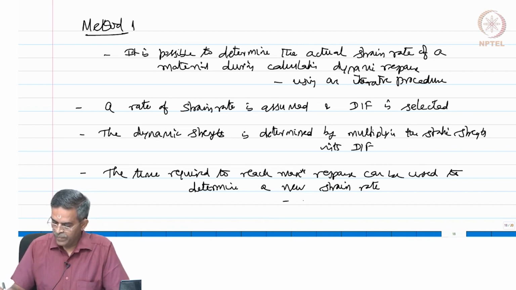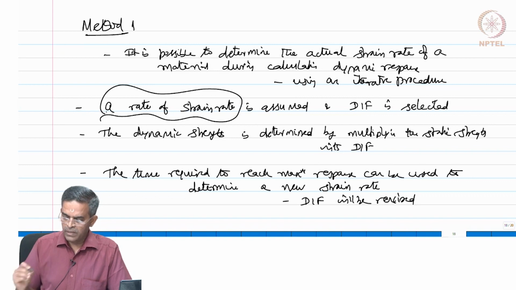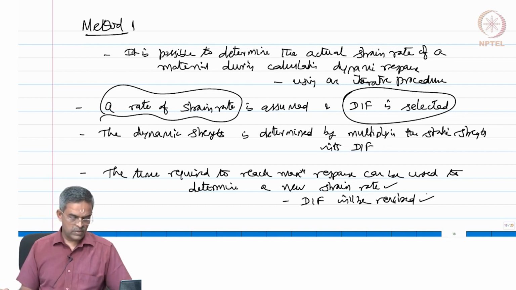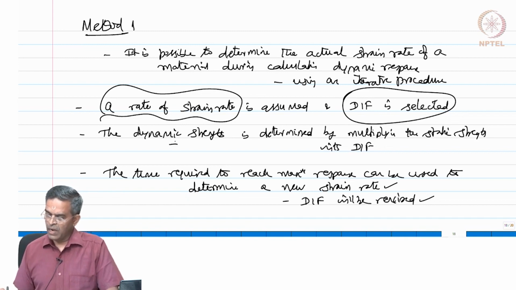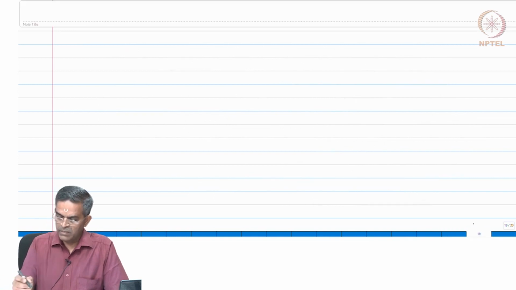Therefore, DIF will be revised because strain rate is changed. For a given or a known assumed strain rate, you select a DIF. When the strain rate changes, DIF is also revised. Okay. So, once DIF is revised, you again obtain the dynamic strength. Now, try to find out the time taken for the maximum response to reach. So, this process becomes iterative.